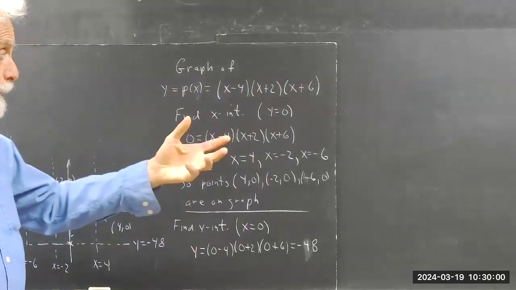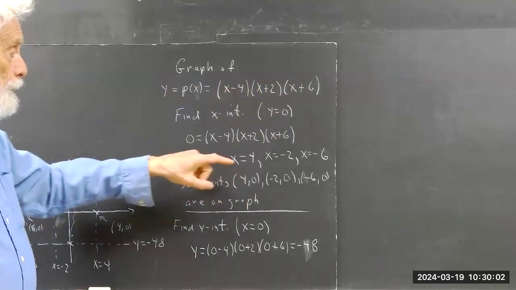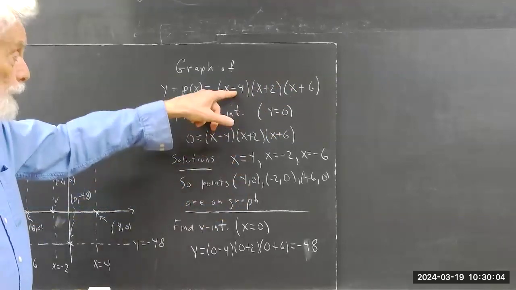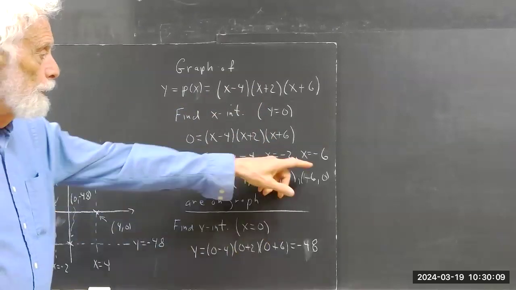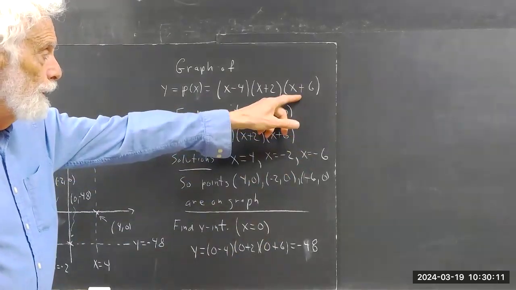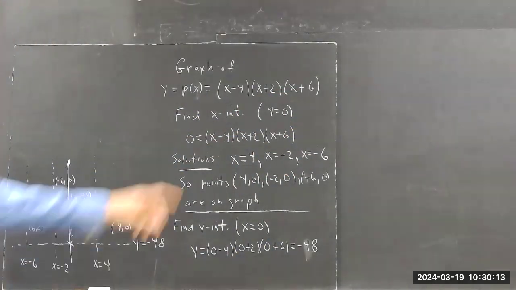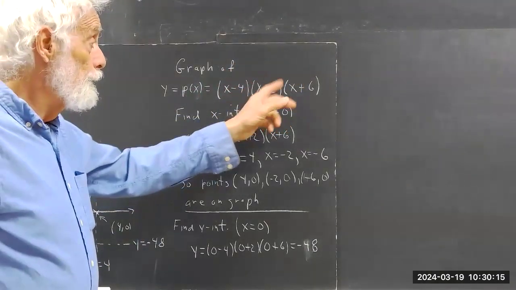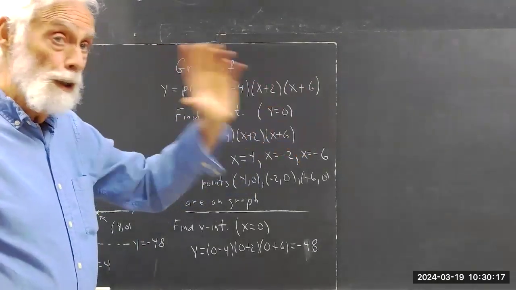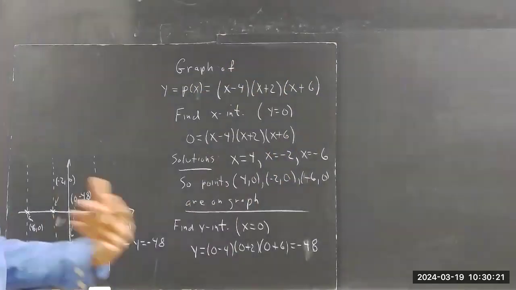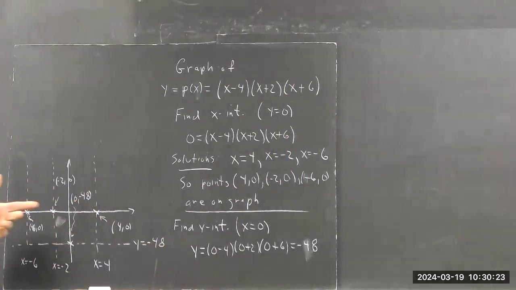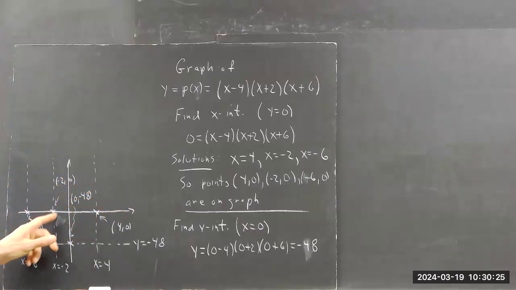And the only values that make this expression 0 are 4, which makes this factor 0, or -2, or -6. If none of these factors is 0, you're not going to get 0. You can't multiply three non-zero numbers together to get 0. So the graph can't go through the x-axis except at these three points.